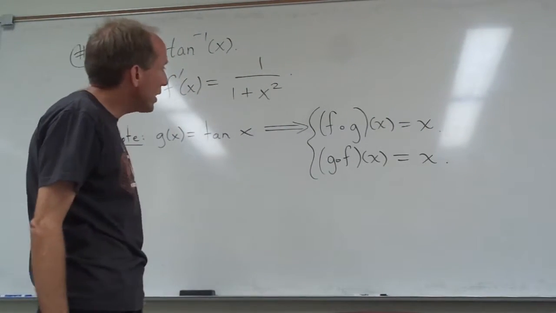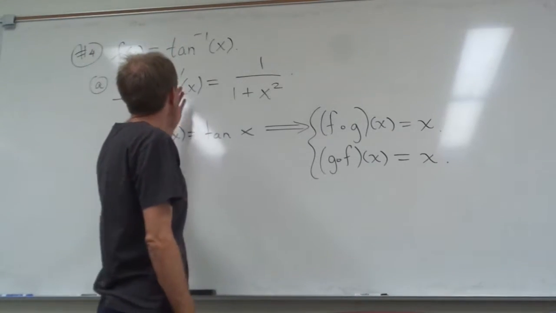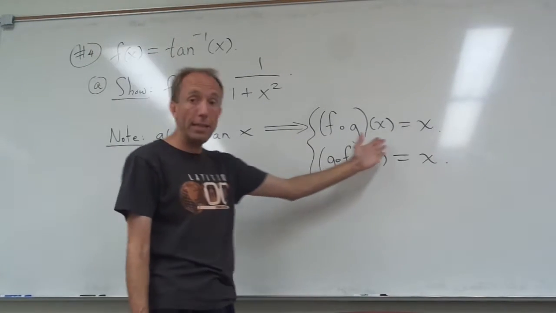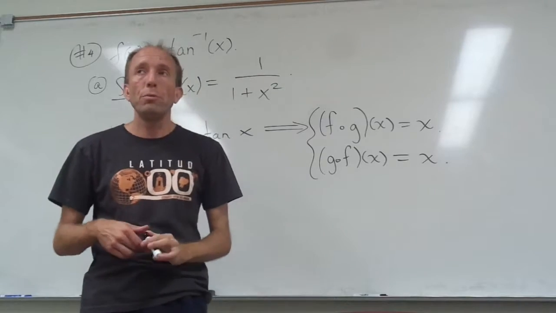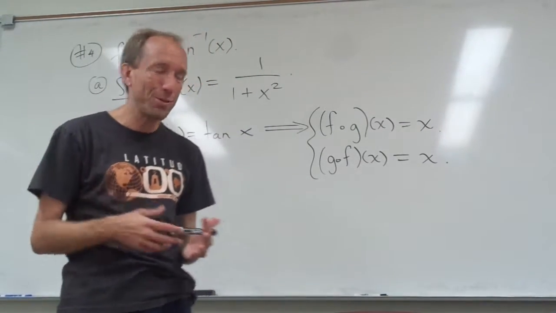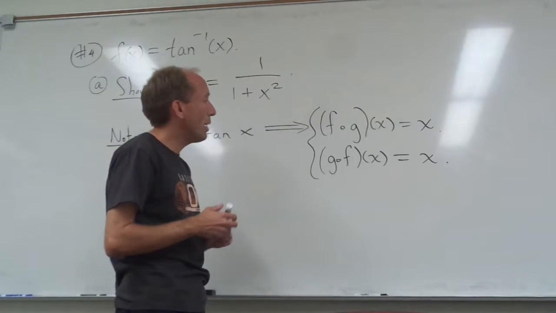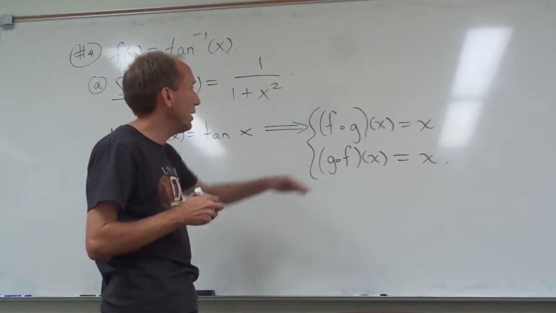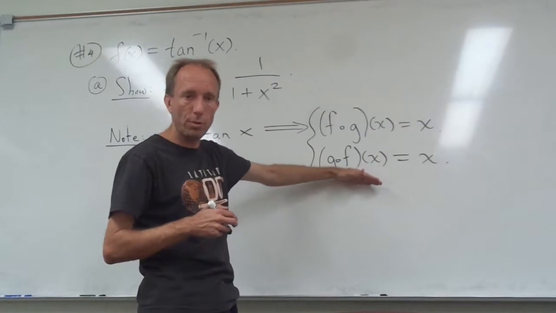We're looking for f prime of x. Now, once you write this down, you're likely thinking about the chain rule for derivatives. You have a couple of choices of how to play it. You can use this one or you can use this one.